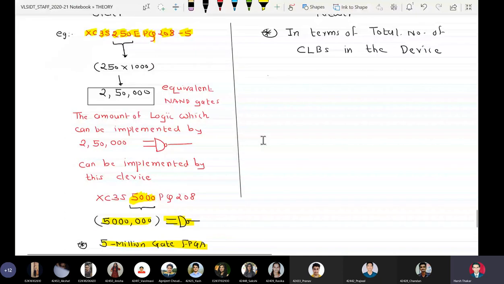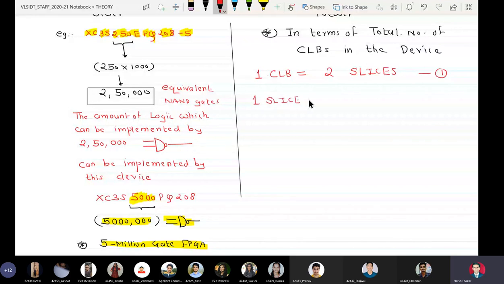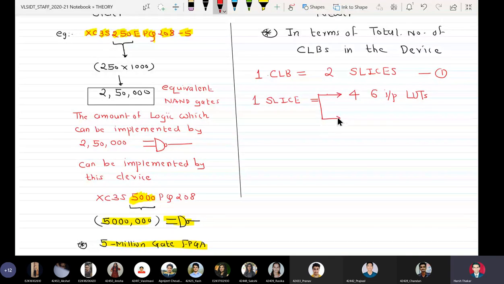So the mathematics is like this. 1 CLB is equal to 2 slices, say equation number 1. 1 slice consists of 4 6 input LUTs, that is lookup tables, and it contains 8 D flip-flops.